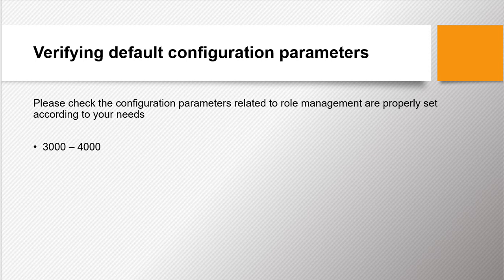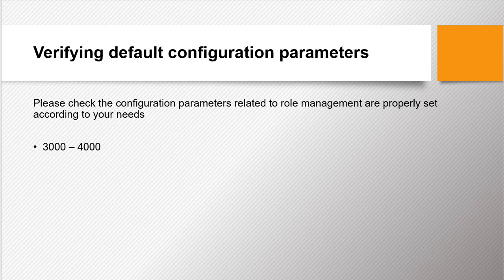And also the configuration parameters. Now these range from between 3000 to basically 4000. We'll go into detail in another video. We'll see what those parameters are related to BRM and what they do.